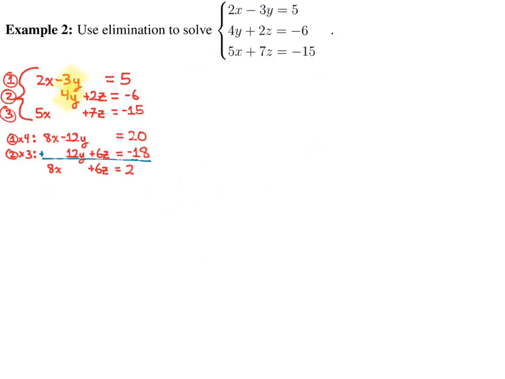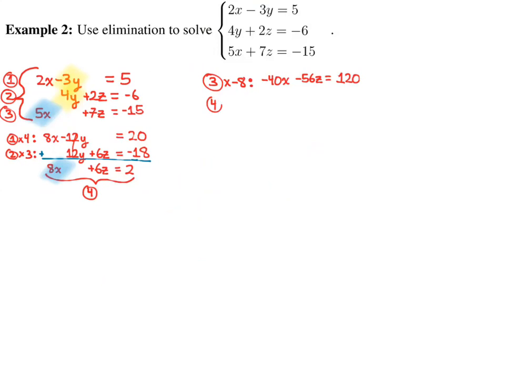So now, this thing, which needs a name, and we could call it Bob, but instead we'll call it equation 4. This thing can go ahead and combine with equation 3 smartly to get rid of the x's. So let's see here. Equation 3 has 5x, and equation 4 has 8x. So if you take equation 3 and you multiply it by negative 8, then you're talking about negative 40x, and negative 56z equals 120.